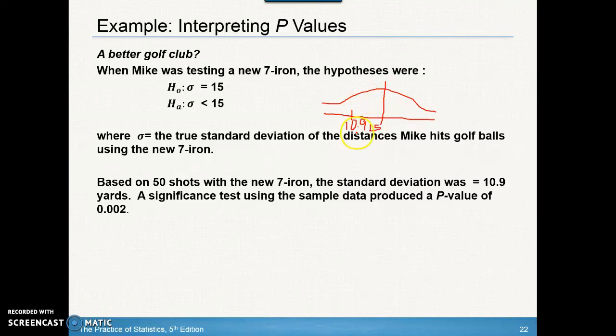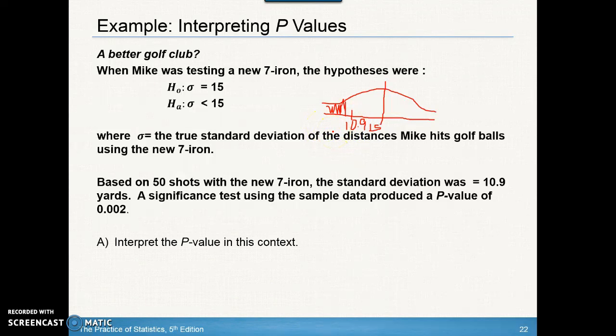Or is a result like that likely to occur, given that the standard deviation is really 15? The significance test produced a p-value of 0.002. That's like saying, here's the probability of all the possibilities in this entire normal curve, but 10.9 or less only has a 0.002 probability of occurring, which is not very high.